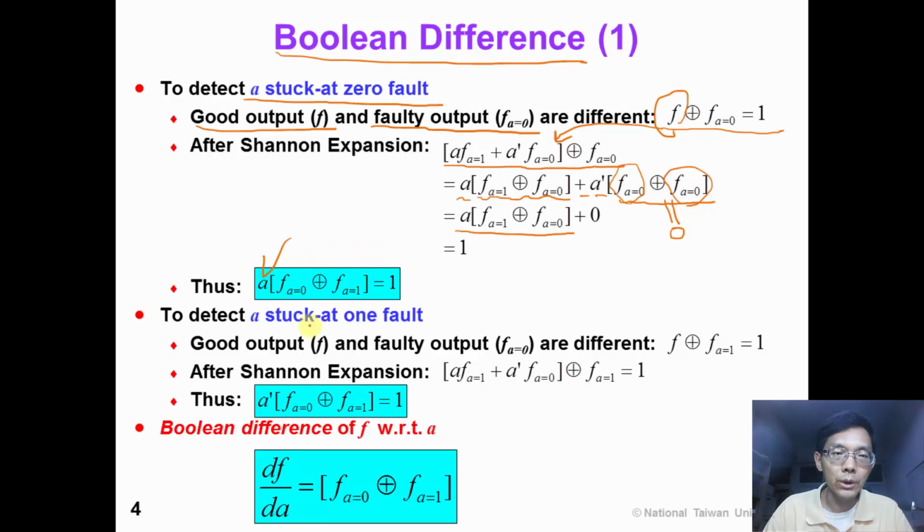On the contrary, if we want to detect a stuck at 1, we can write this equation f exclusive-OR the positive cofactor equals to 1. After Shannon expansion, we can rewrite it in this way, and similarly, we will get a function a prime times the positive cofactor exclusive-OR the negative cofactor equal to 1.